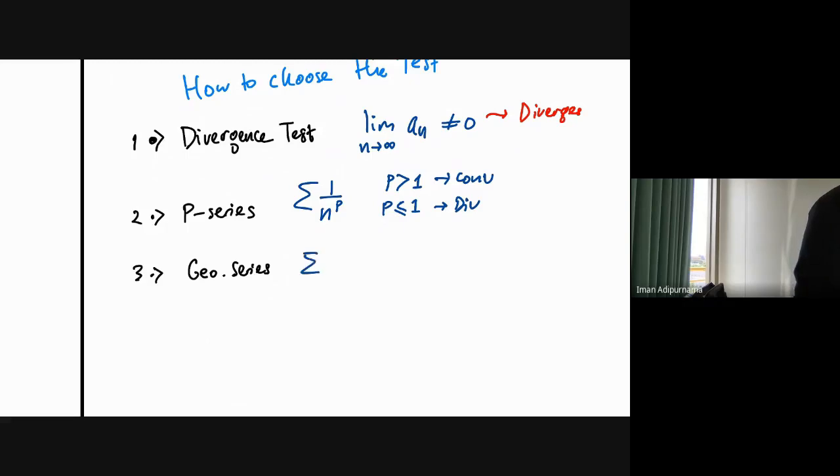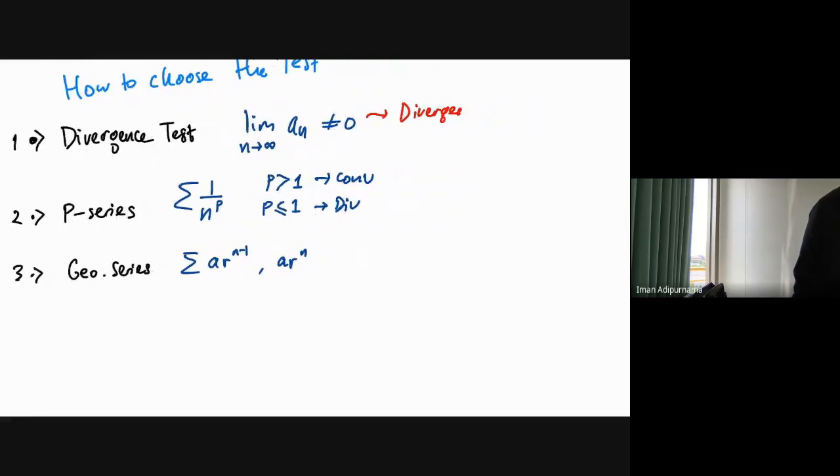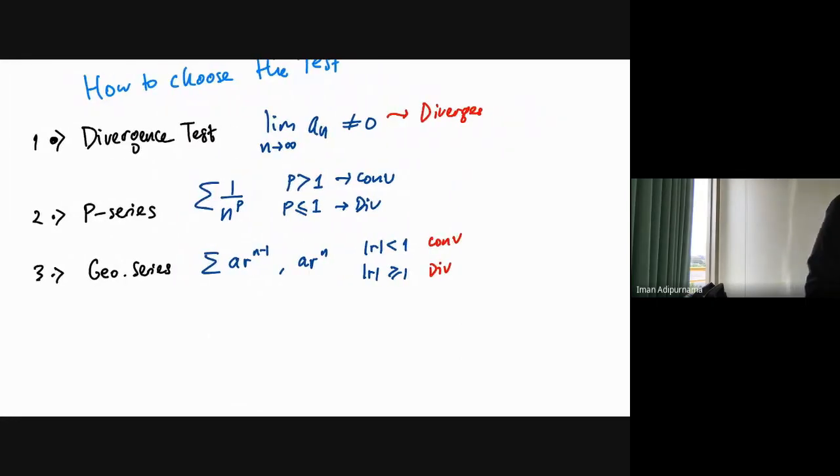So in the geometric series, if you see this or this, we know the convergence if this. Oh, wait, the r, sorry. It's converged, it's diverged. The ratio.